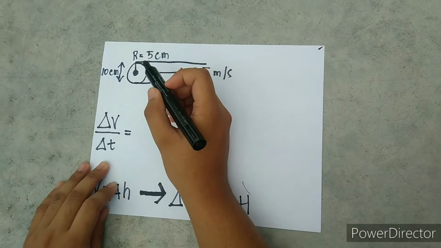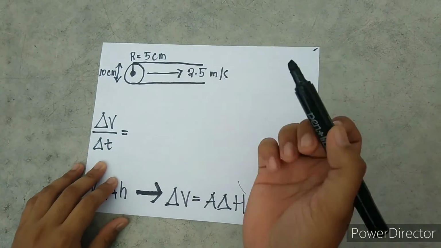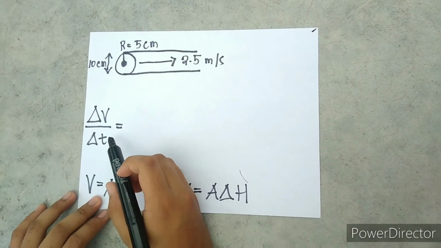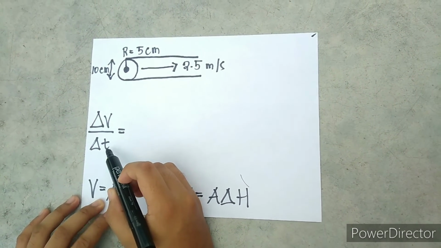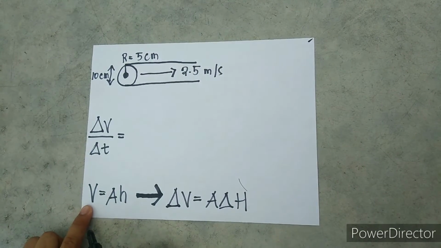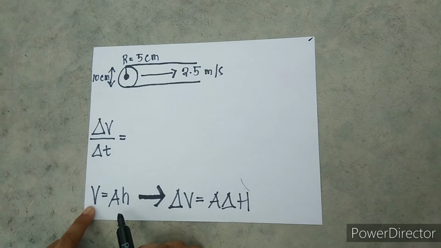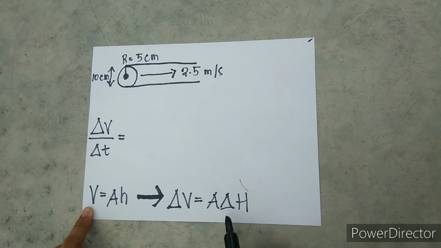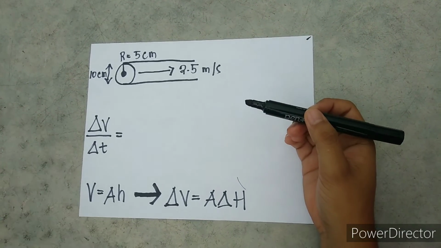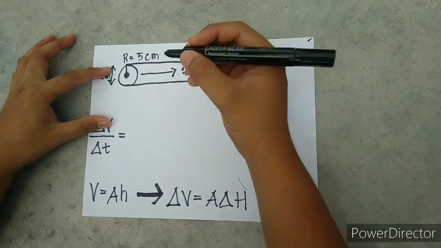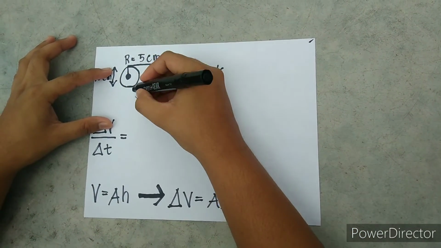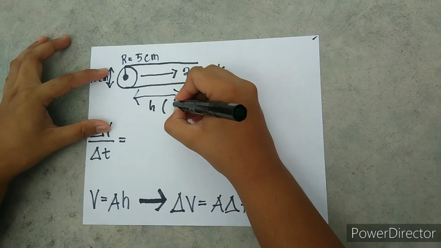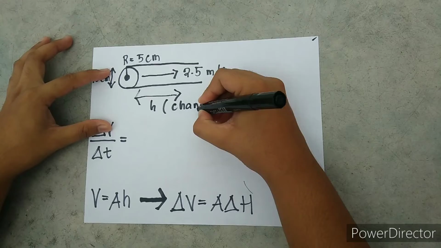So how can we calculate the volume flow rate? The volume flow rate is the change in volume of the fluid divided by change in time. Volume is area times height, so the change in volume is area times change in height. In this example, only the h is changing.